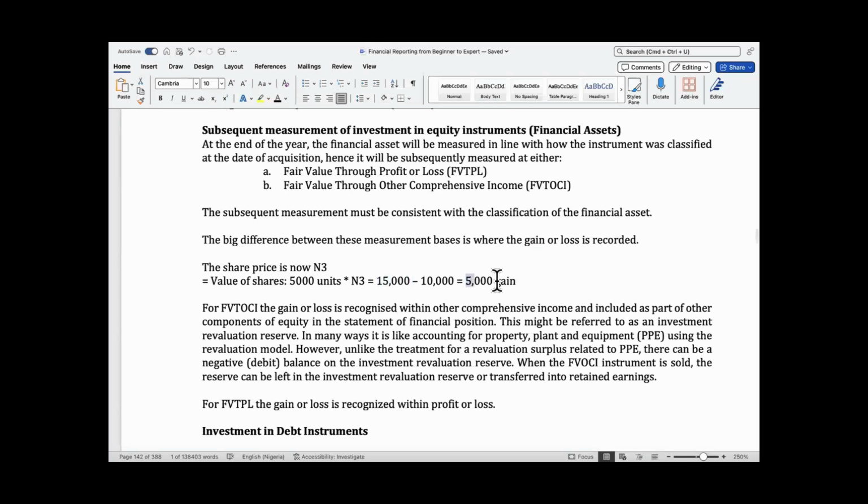Now, this gain, the last thing I said is that if the investment is measured at fair value through OCI, this gain will go to OCI. And the corresponding debit will be in financial asset.